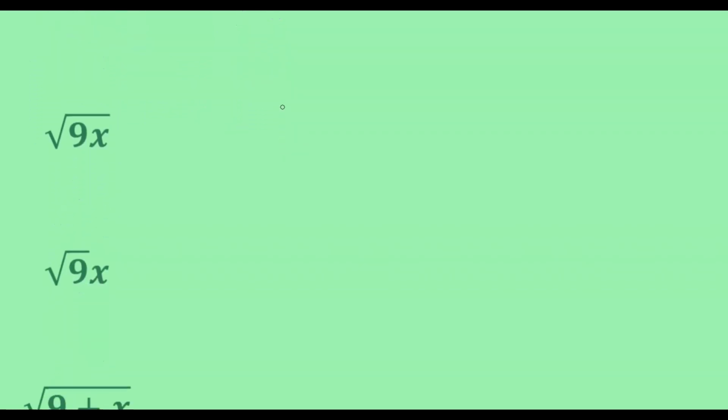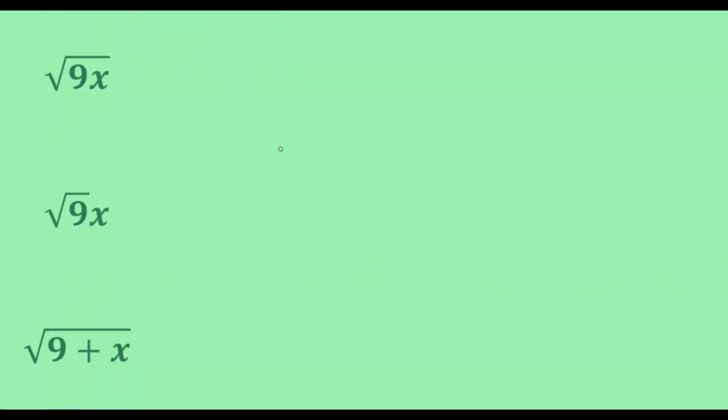Now let us consider the next one. We have the square root of 9 times x. So we can split this. Now this can be written as the square root of 9 times the square root of x. And the square root of 9 is equal to 3. So we have 3 times the square root of x.